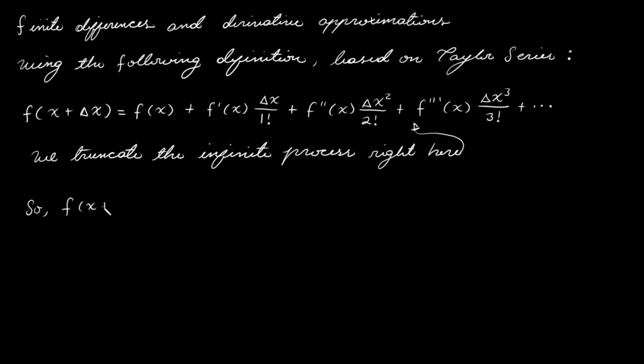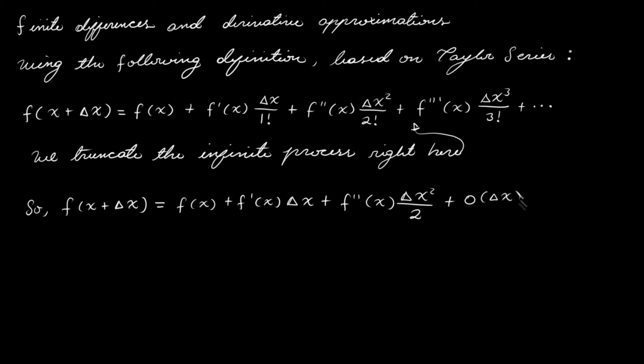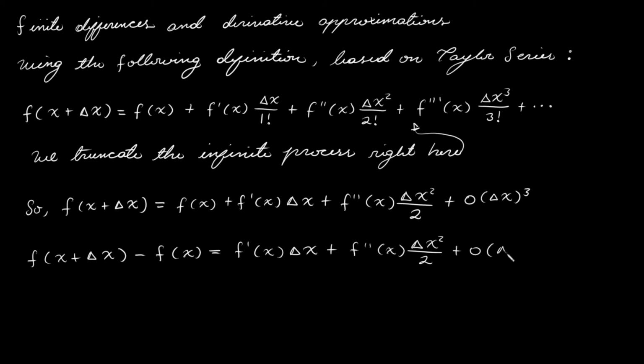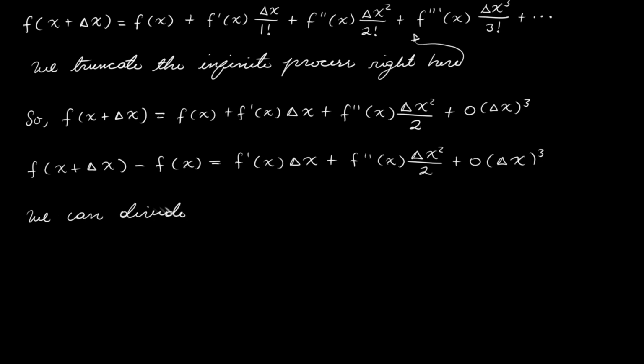We can then rewrite our function, combining all those higher order terms into what is known as the big O notation. We then proceed to simplify our equation.